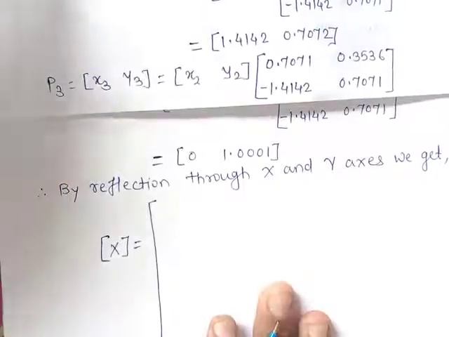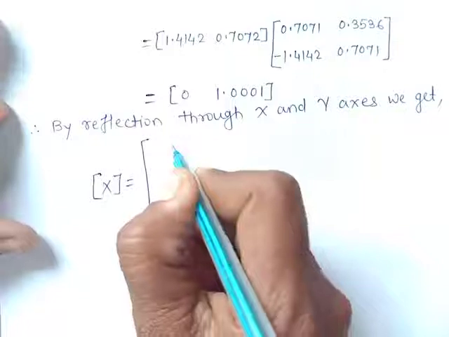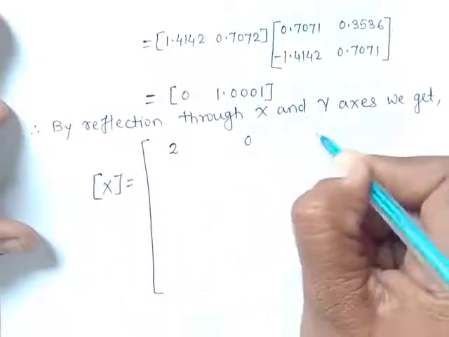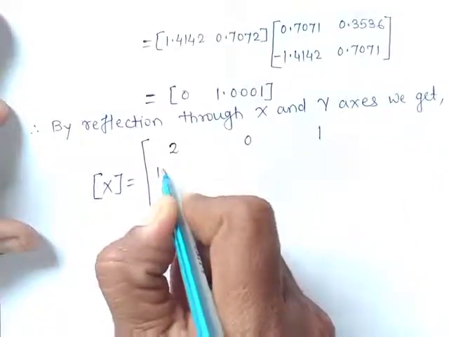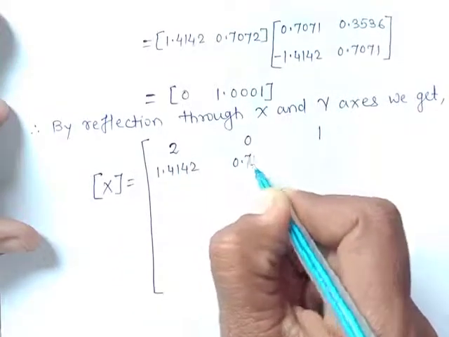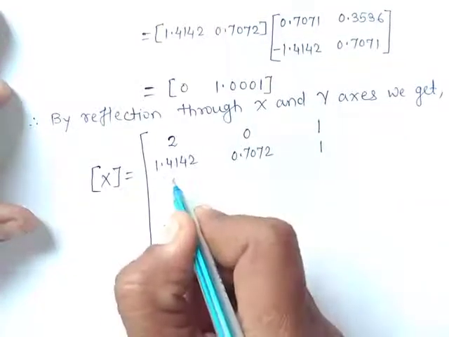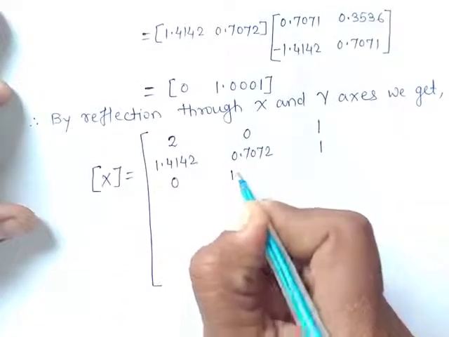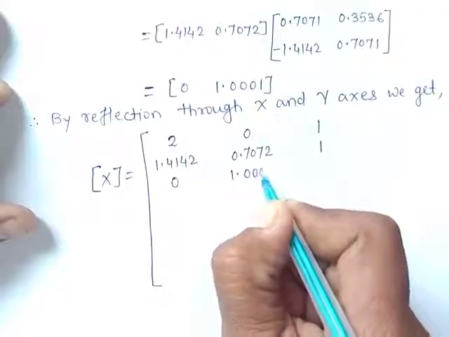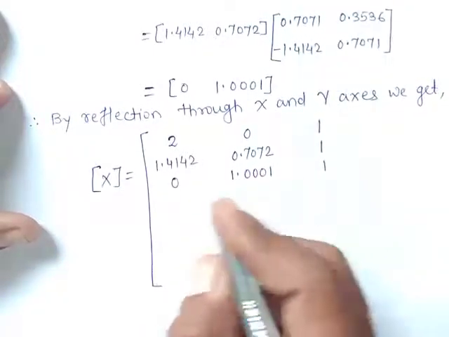Now let me write them using homogeneous coordinates. So 2, 0, 1, then 1.4142, 0.7072, 1 for P2. Then P3 is 0, 1.0001, and we write 1 here.